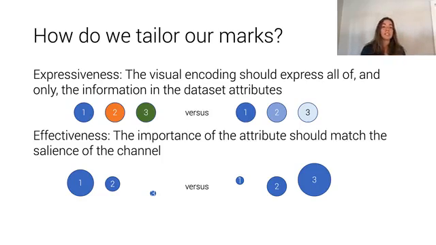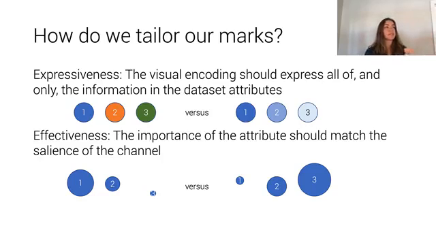Likewise, if we're thinking about continuous data, we will want to choose visual representations that show the continuity and help us internalize the magnitude of our data differences. So if I have categorical data, I might use the encoding on the left, where I have my blue, my orange, and my green. Whereas if I have continuous data, I would probably want to use the encoding on the right, where I am moving from dark values to light values.